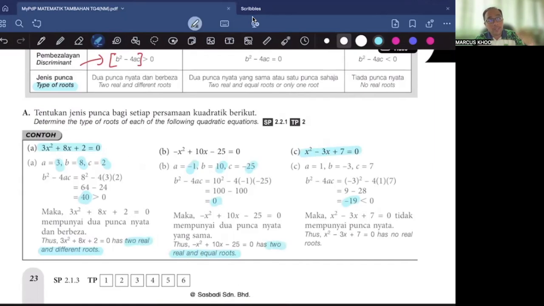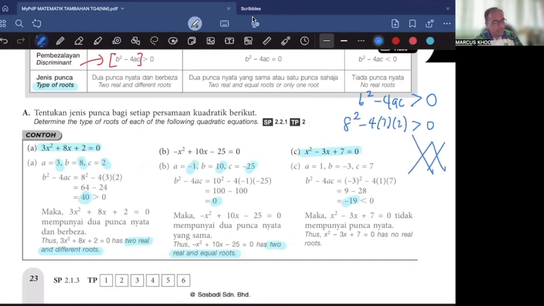How this looks on the graph, we will see in the next subtopic. For now, I just want you to know how to calculate the discriminant value and how to interpret it. Never start your calculation by writing b squared minus 4ac more than 0, and then writing 8 squared minus 4 times 3 times 2 more than 0.